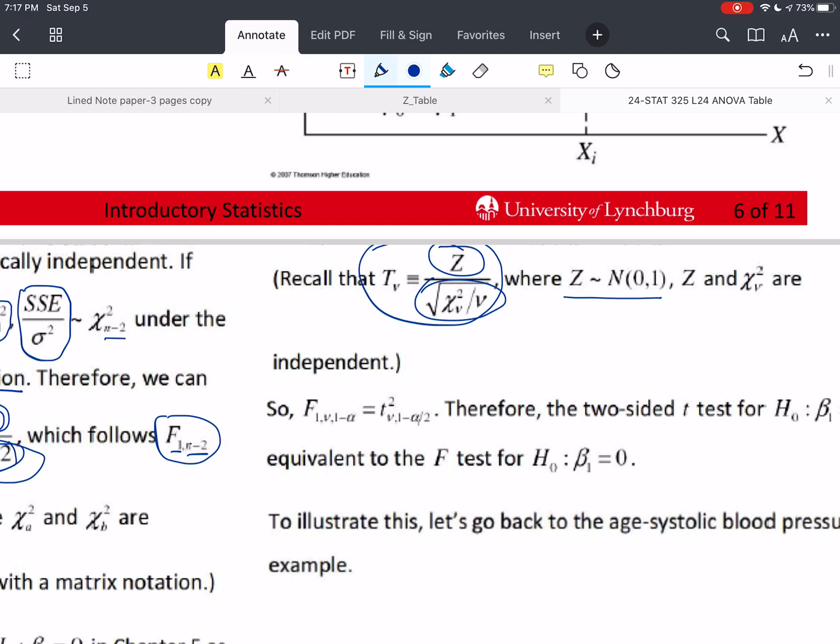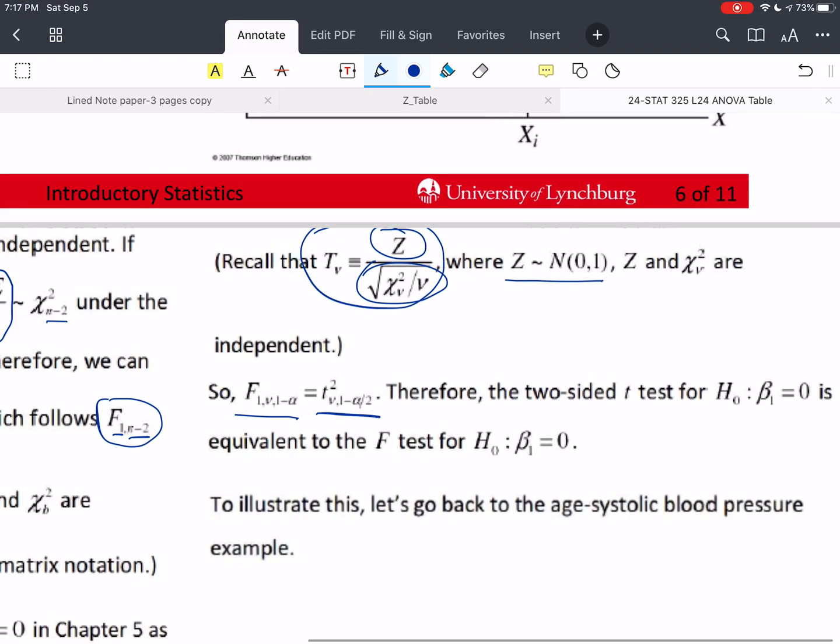So we have F, 1 degree of freedom in the numerator, nu degrees of freedom in the denominator, and 1 minus alpha, that is equal to the t with nu degrees of freedom, 1 minus alpha over 2, squared. So the two-sided test for H naught beta 1 equals 0 is equivalent to the F test for H naught beta 1 equals 0. So these are equivalent tests. You're going to get the same answer, whichever one you use.